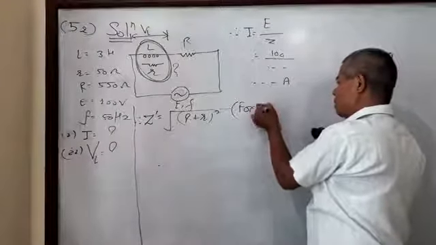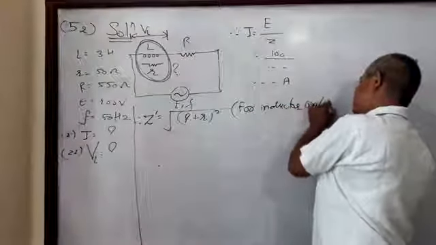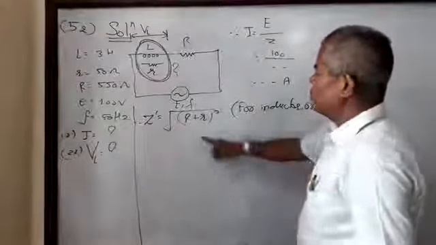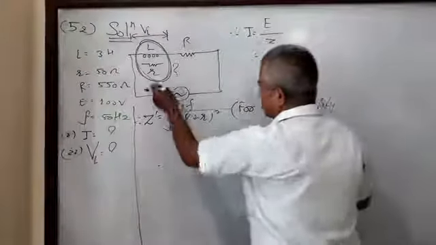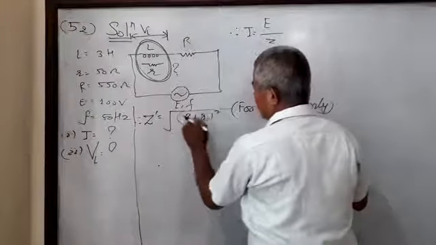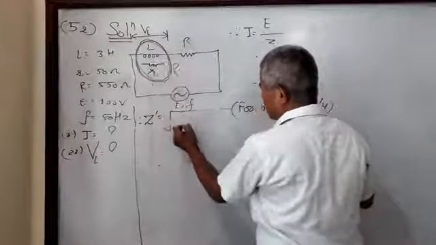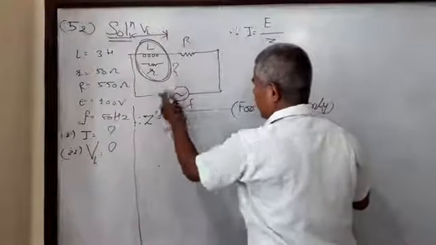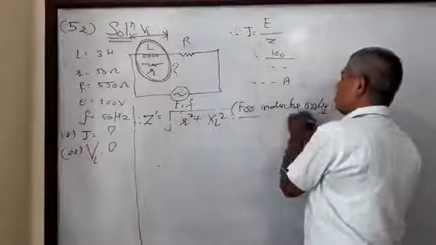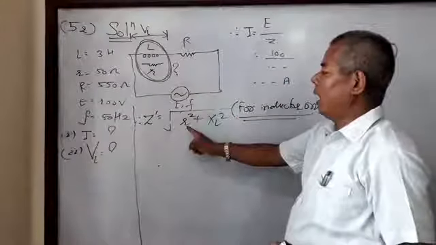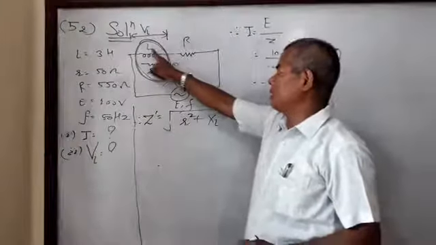This is for the inductor only, because it's not pure. This is not pure, that's why small r is used here instead of capital R. Z dash, the new impedance, is the root of r square plus XL square. This is the inductor only. Here R1 is replaced by r, and R2 is equal to XL.